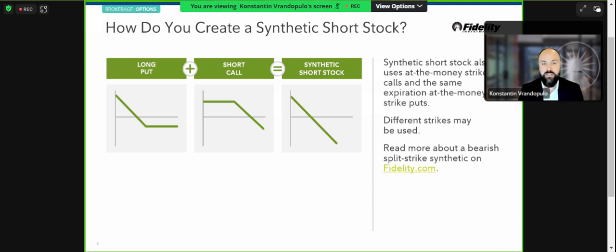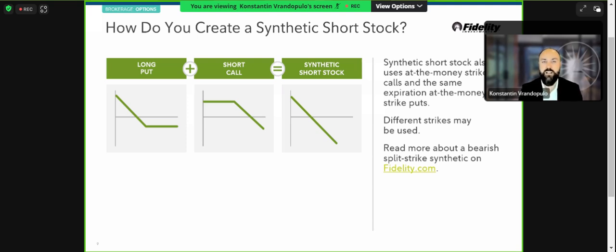But you could come up with a pseudo synthetic short stock position where your risk is still limited, if you're not doing just a naked short call, but maybe a short call spread to finance a downside put. So there's some nuance here, okay?